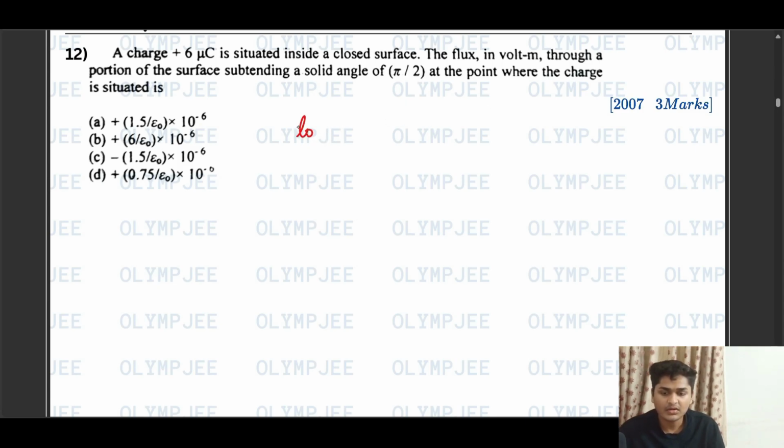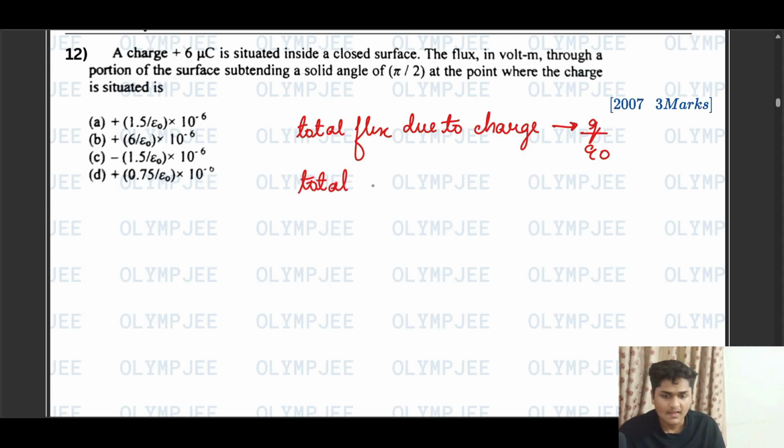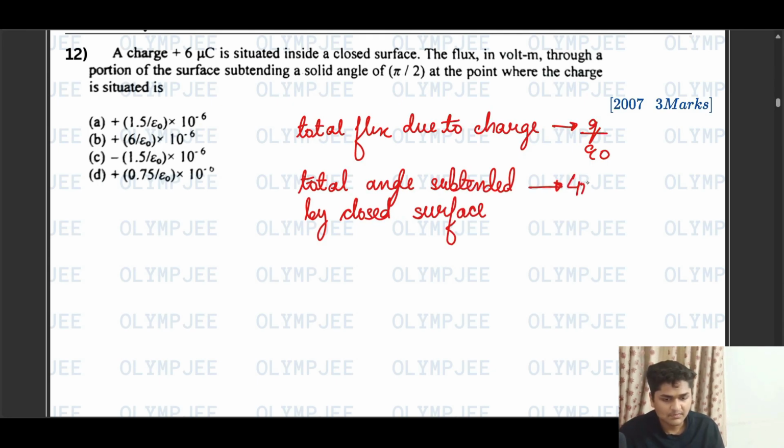So we know that the total flux due to charge is given by Q by epsilon naught, where Q is the charge, and the total angle subtended by a closed surface is given by 4 pi.